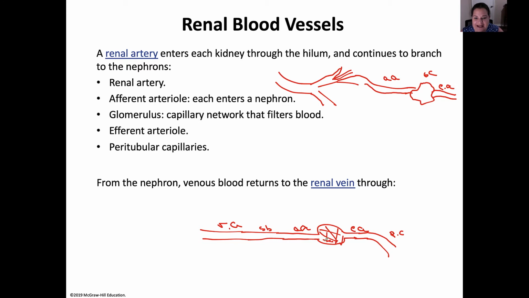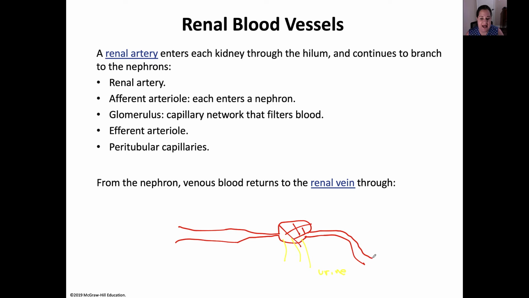But here, instead of diffusion of gases, we're going to be filtering, literally like if you were putting pasta to drain and you get water coming out of it, same thing. But what's going to be coming out is urine.